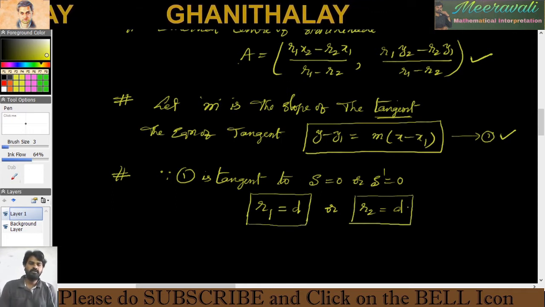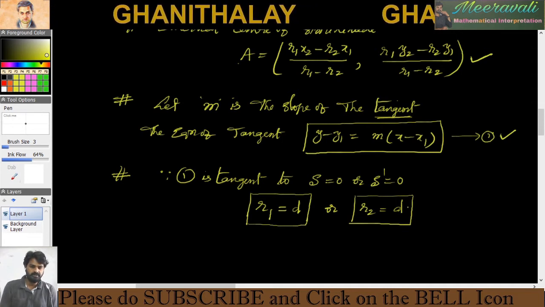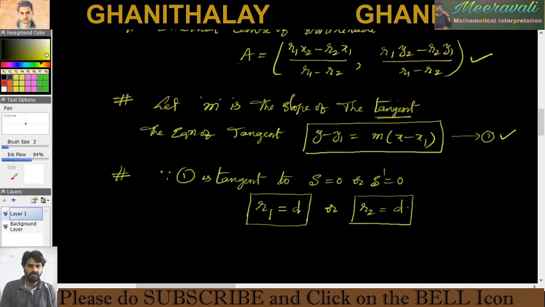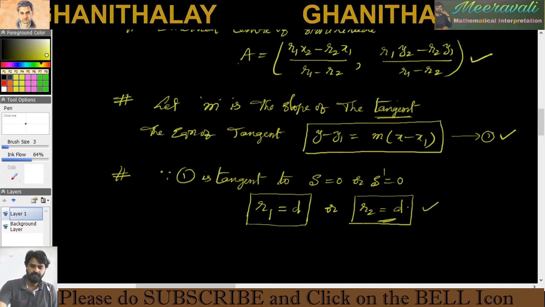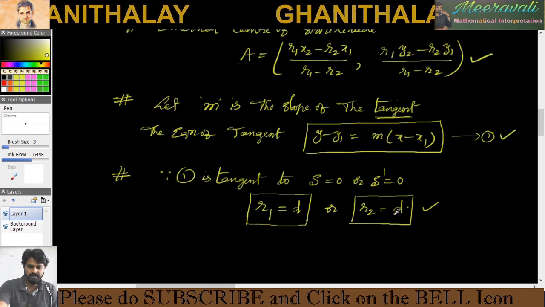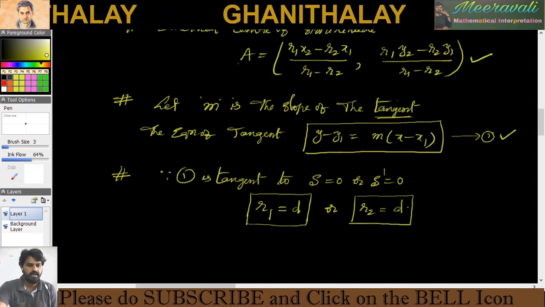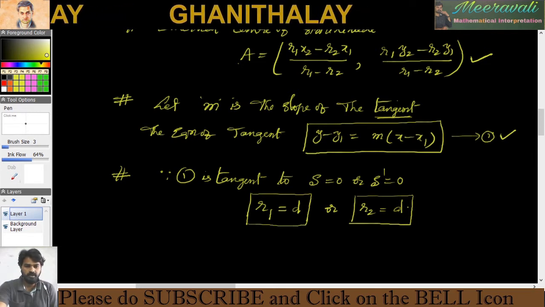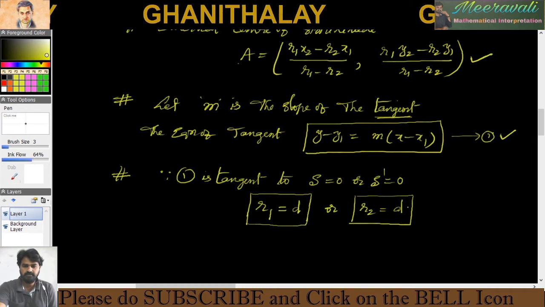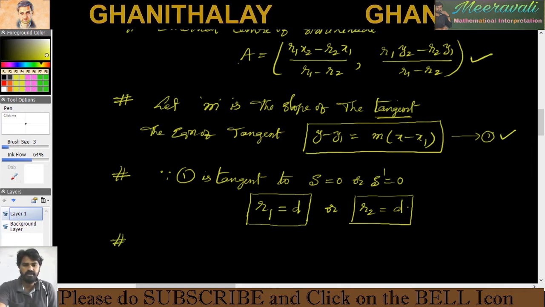If you take S equals 0, the perpendicular distance from the center to line 1 is d. Similarly, the distance of the center of the second circle to line 1 is the d value. After using these properties, you can find the m values.